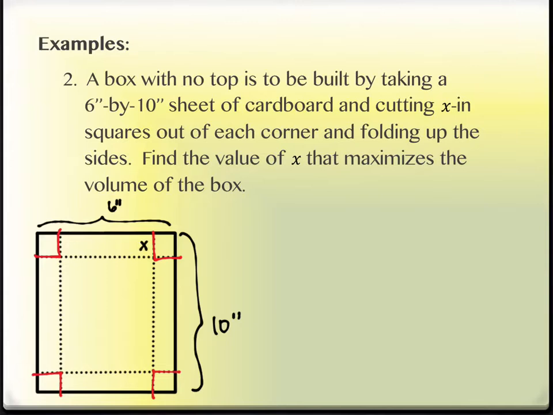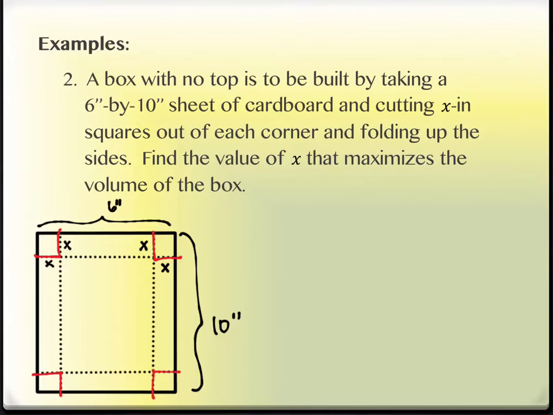So this and this are both x. I'm not going to write it on every single corner, but every corner has those x dimensions. I'll write it on one more corner so that we can talk about the top of the box. What we want is to maximize the volume of the box, right? How much it can hold. So that's where we're going to start.